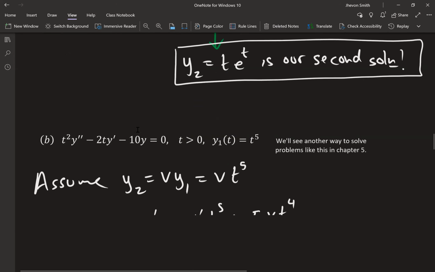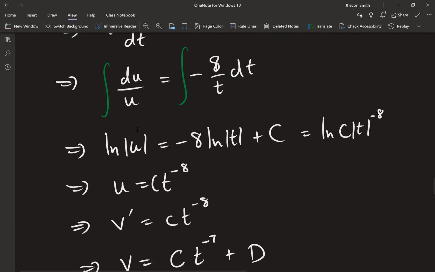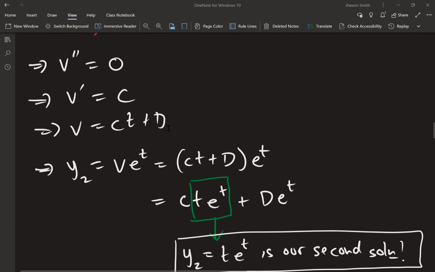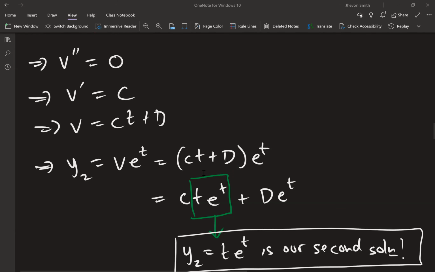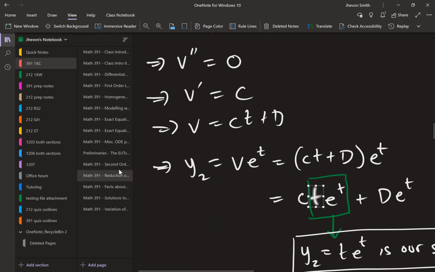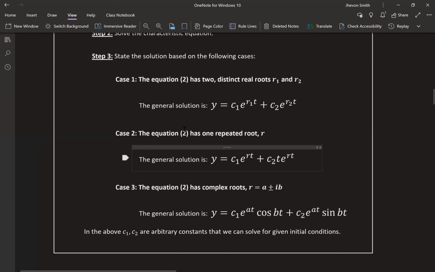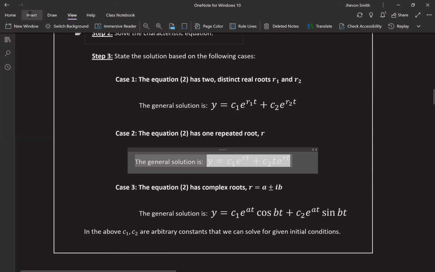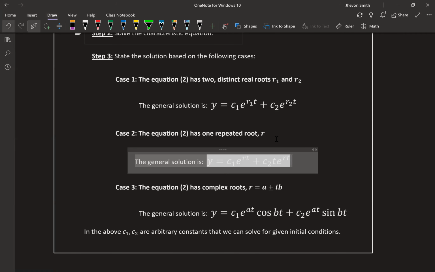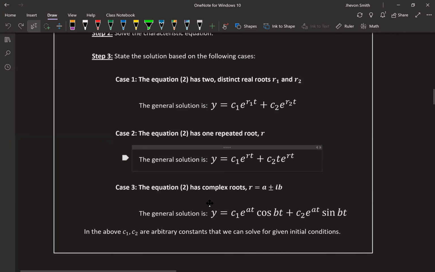So 3.4 is where we looked at a general method called reduction of order that explained why we multiplied by the t here. But once you know that you're looking at a second order linear differential equation, you automatically know in this scenario, once you find one of the answers, just multiply that answer by a t, and that will give you the second answer.